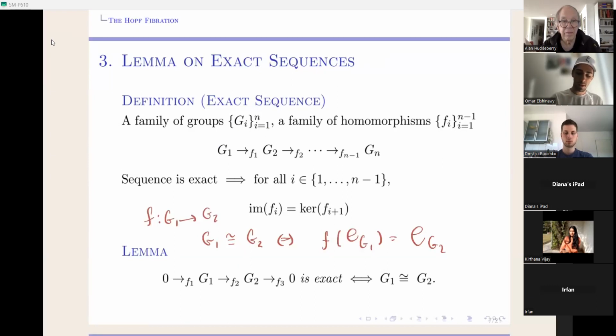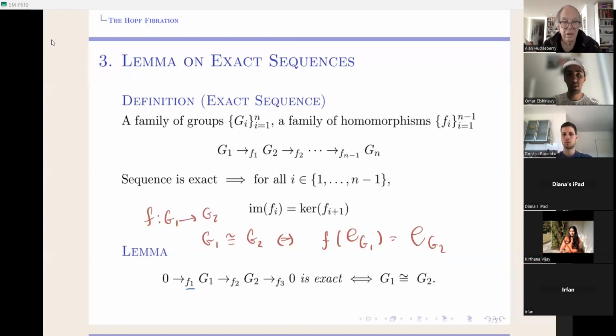But simply, loosely speaking, just by the definition, we have a function here, and a sequence is exact if the image of this function is equal to the kernel of this function. And so what is the kernel of this function?